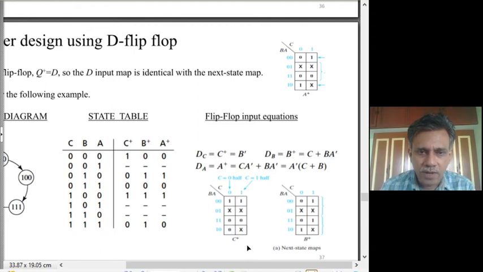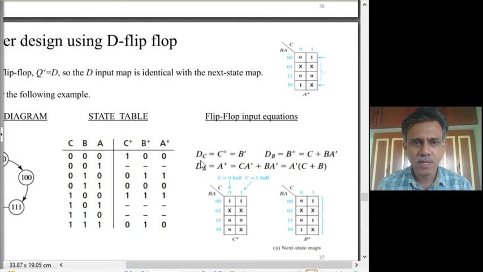So once we have filled it here, we can read out the expression for C plus. DC is equal to C plus. If you read out this one, you have to only cover this. So you can see that that is nothing but B bar. So we have the equation DC is equal to C plus is equal to B bar. Similarly, you do it for B plus.